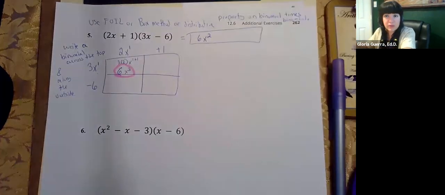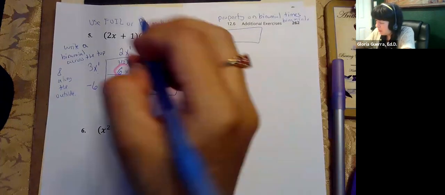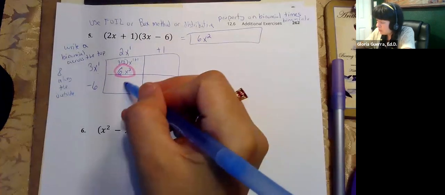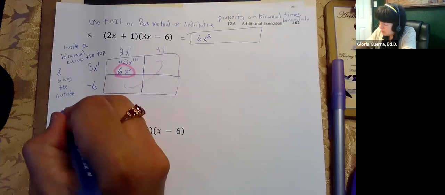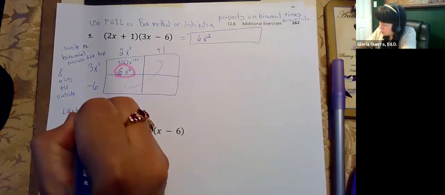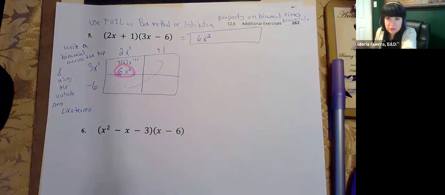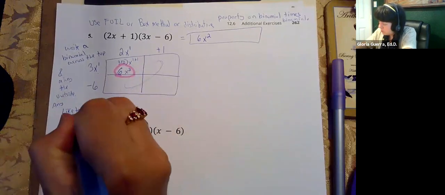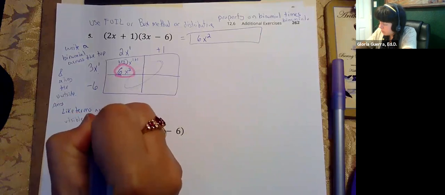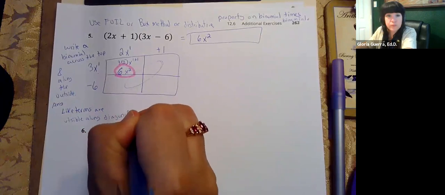And then if you have like terms in FOIL, you see it on the O and the I. In the box method, if you have like terms, you see it along the diagonal. I should say any, because you don't always have like terms. 90% of the time you do. Any like terms are visible along the diagonal.